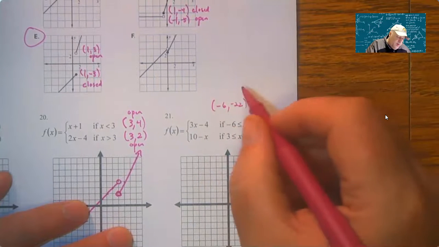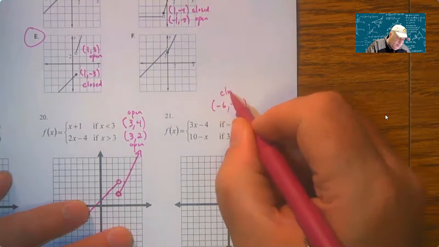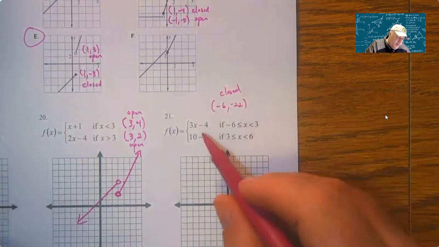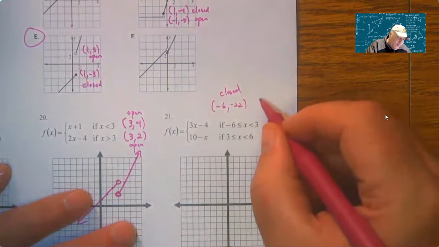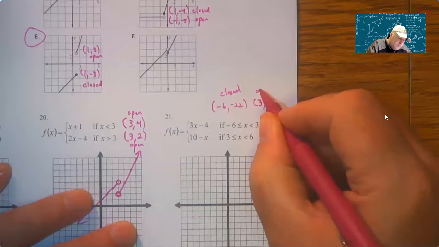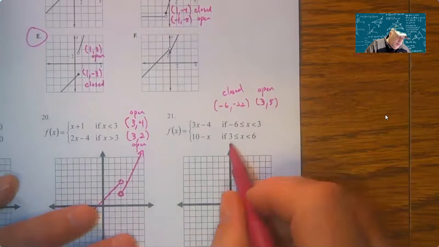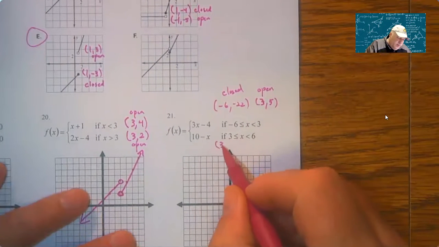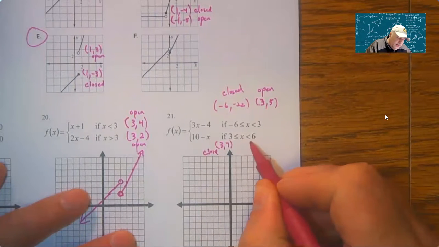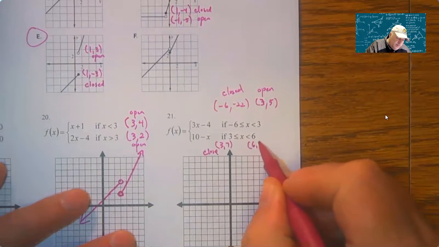This will be closed. And I might abandon this problem because of the scaling. And then (3, 9 minus 4 is 5). So (3, 5) would be open. And then here (3, 7) would be closed. And then (6, 4) would be open.